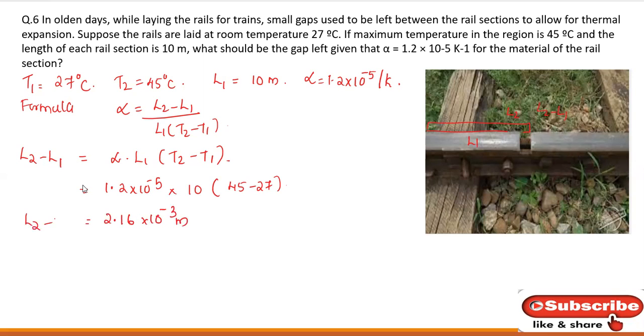This is L2 minus L1. Or we can write L2 minus L1 is equal to 2.16 millimeter. This is the increase in length, or the gap left between two rays.